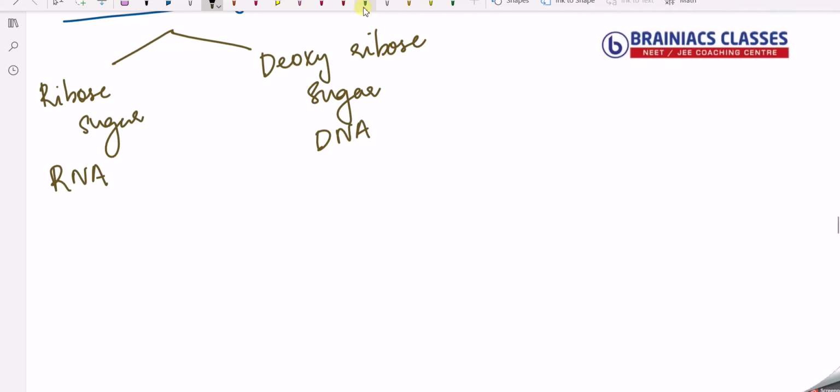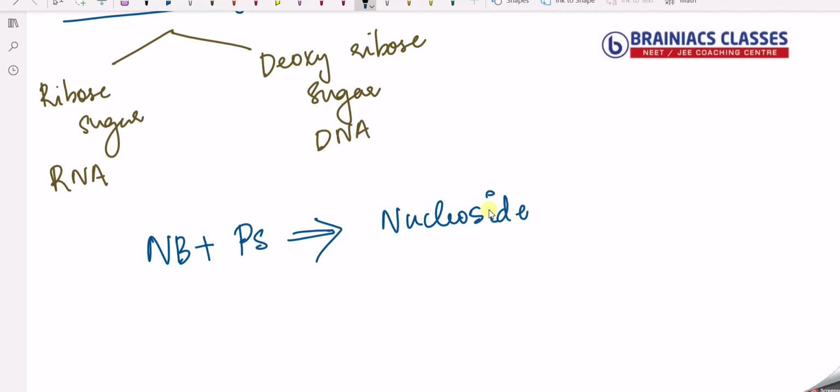So what I'm going to do now is join the nitrogenous base plus the pentose sugar. What is the product which I get? I'll get a nucleoside, S-I-D-E, nucleoside. And what is the linkage between the nitrogenous base and pentose sugar? What type of bond?